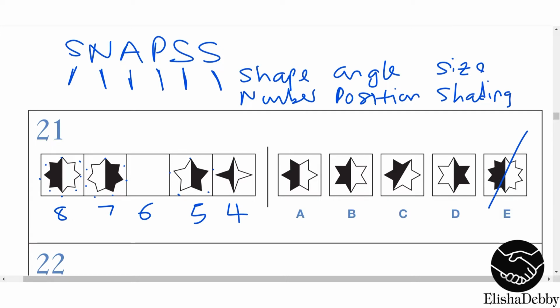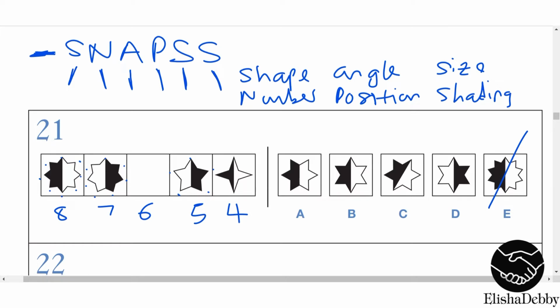Process of elimination. First thing you do with nonverbal is pick one element at a time. SNAPSS. Pick one element at a time, which is a shape, a number, an angle, a position, a size, or a shading.